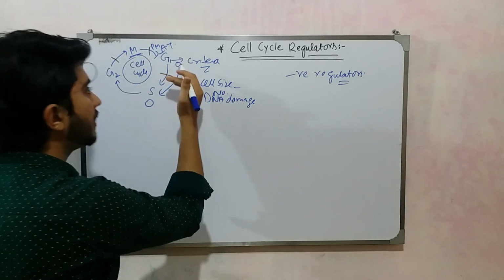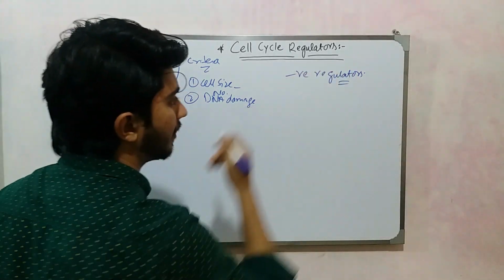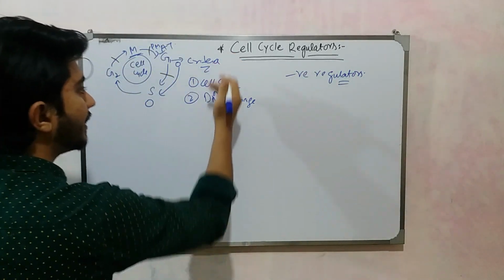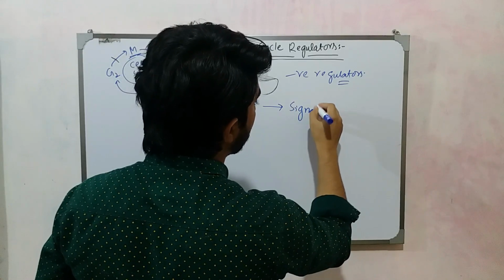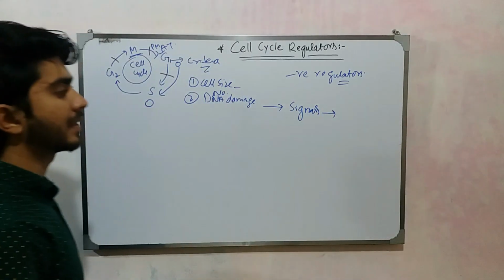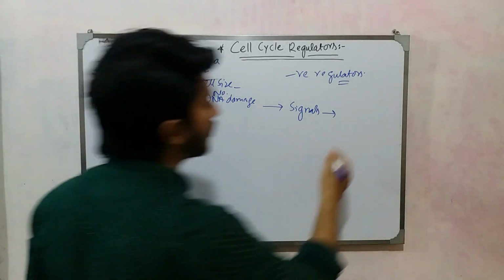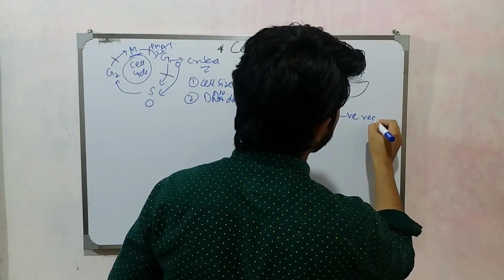How will it stop the cell cycle? By the negative regulators. Because these criteria are not completed, the cell sends signals. These signals go into the negative regulators.